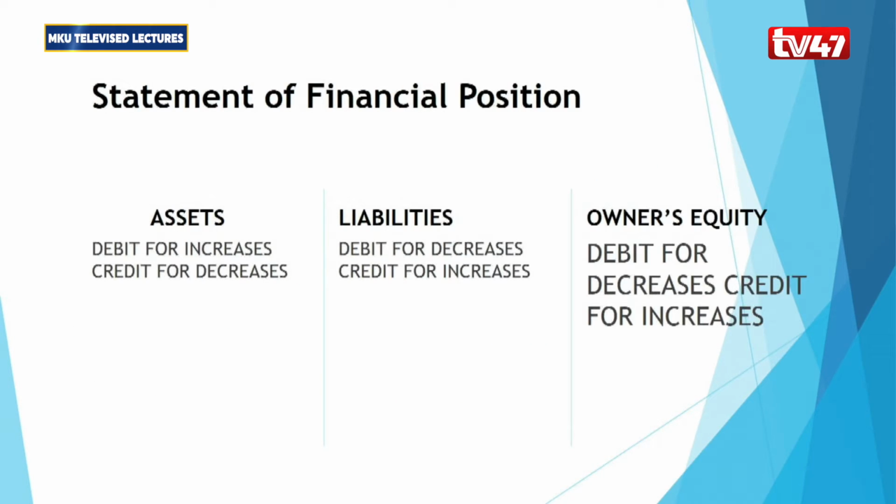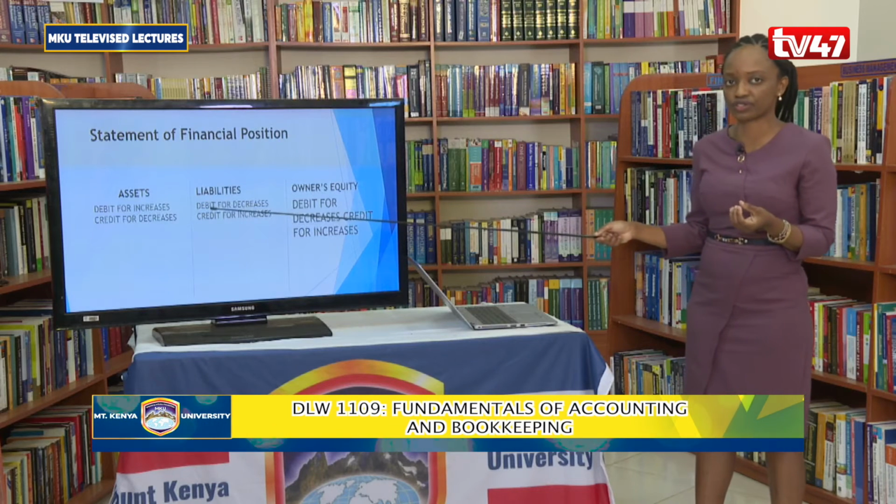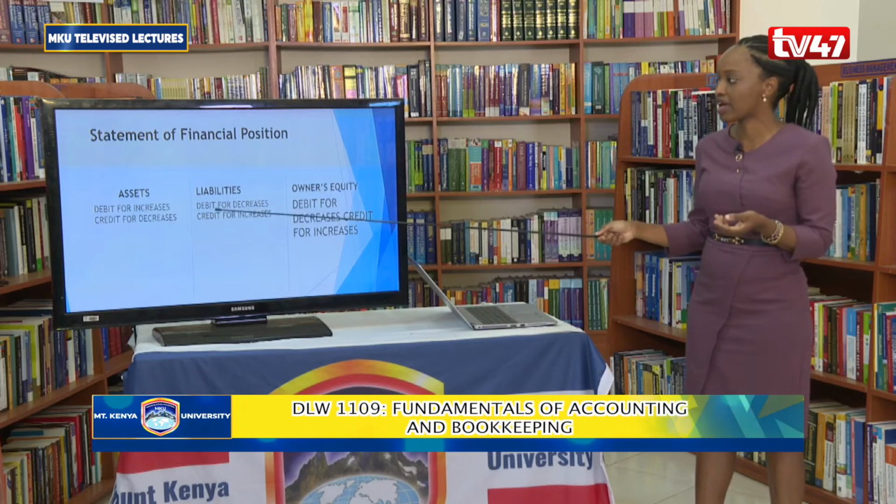Let's take a look at the first instance. We understand that the accounting equation is simply, in regard to the statement of financial position, assets equal to liabilities and owner's equity. So on one side, when we talk of assets, they are simply the resources that the business has.